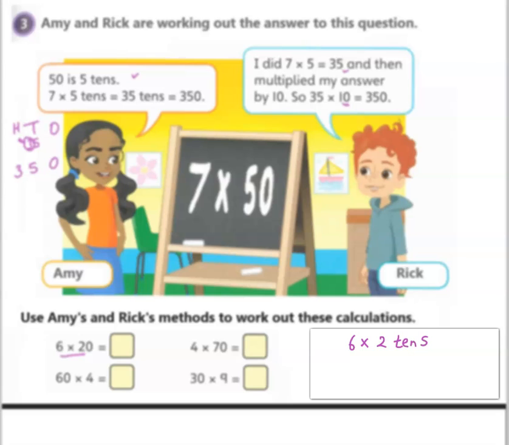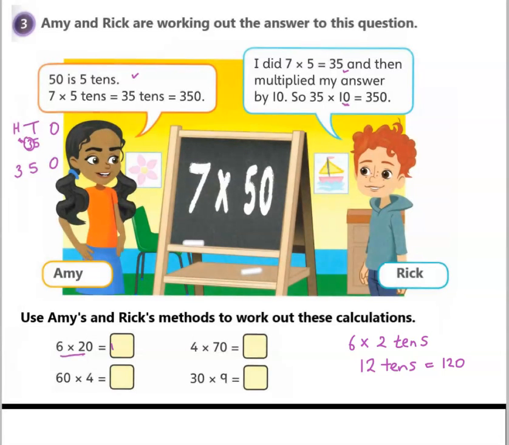That is 6 times 2 is 12. It's going to be 12 tens. 12 tens is equal to 120. I wonder, can I use Rick's method to see if I got the same answer?